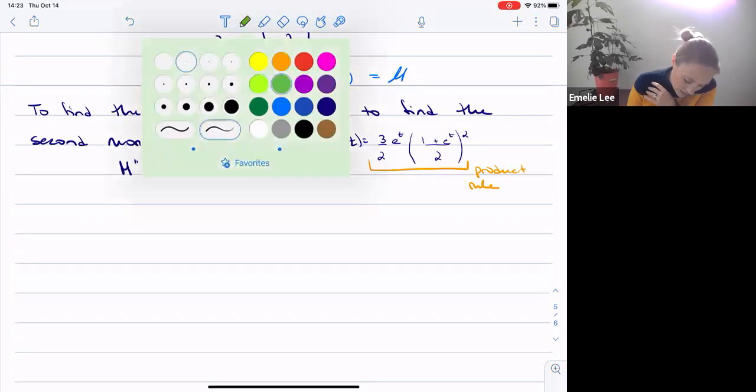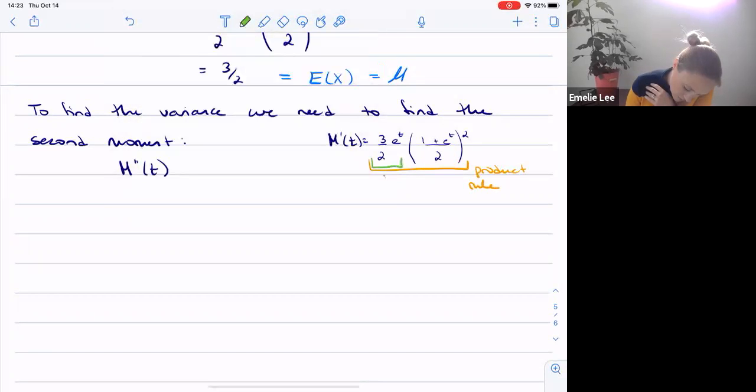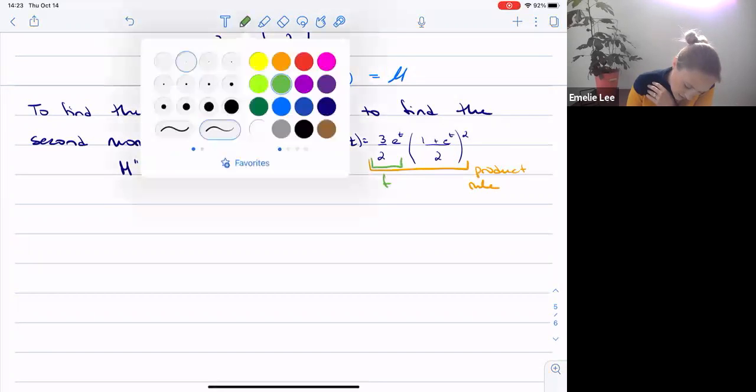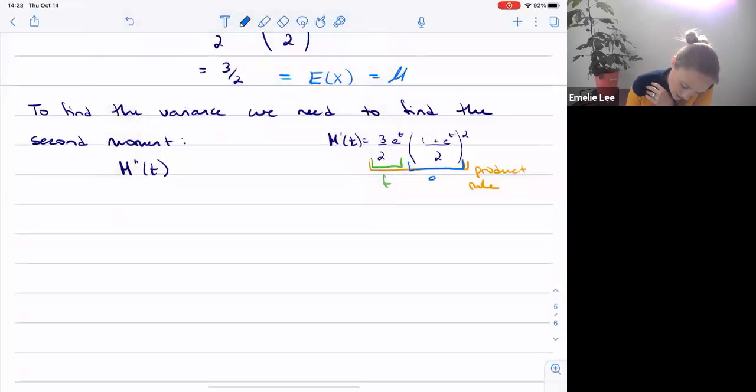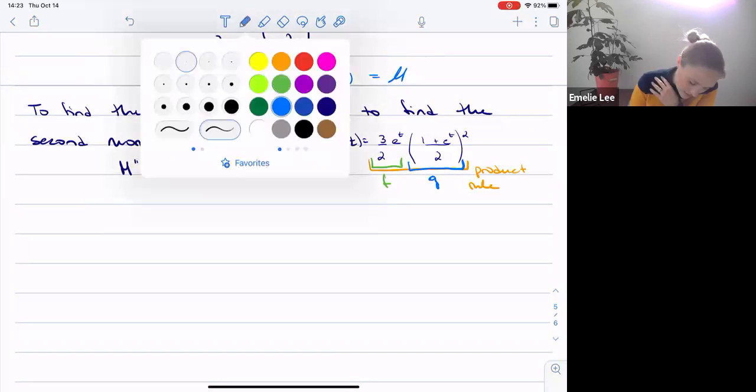And so if I let this be f and, I don't know, this be g, then the derivative is the derivative of the first times the second plus the first times the derivative of the second.